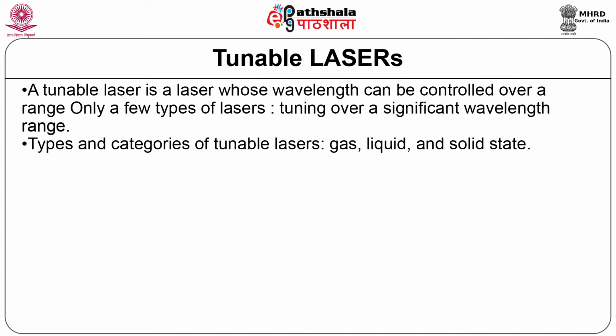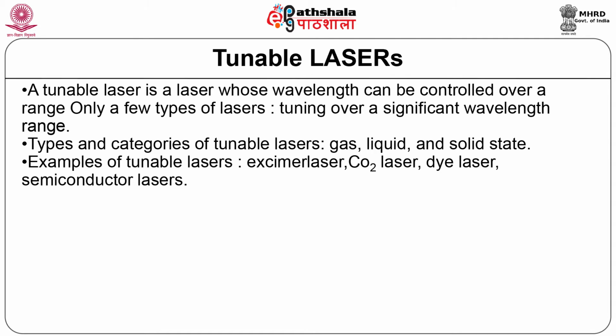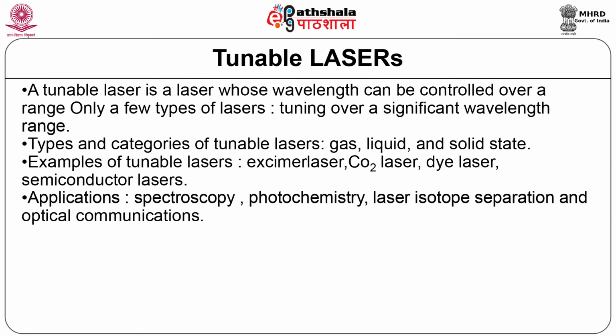They exist in gas, liquid and solid state. The examples of tunable lasers are excimer laser, CO2 laser, dye laser, semiconductor lasers, etc. Tunable lasers find their applications especially in spectroscopy, photochemistry, laser isotope separation and optical communications.